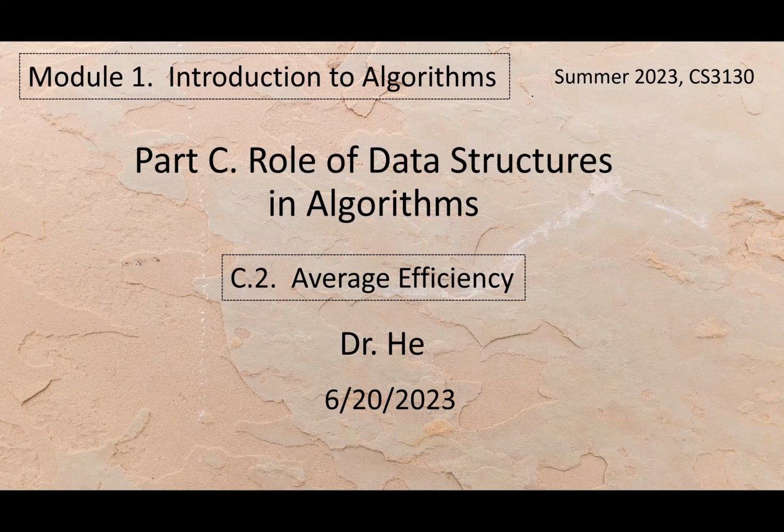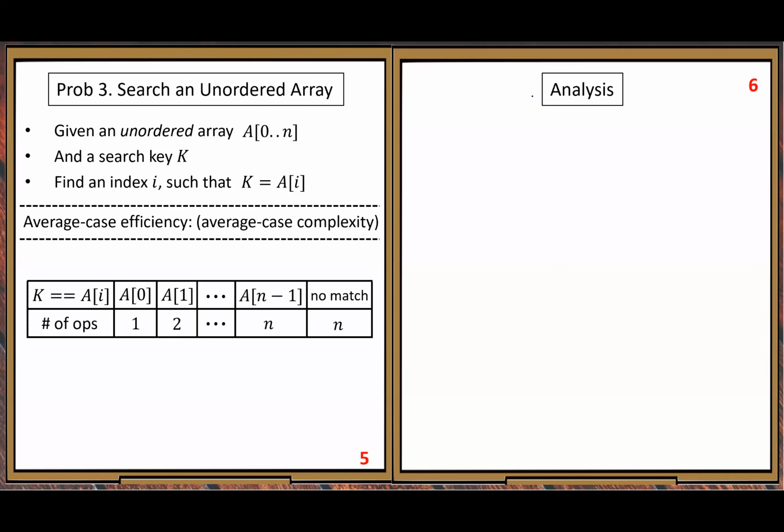Let's find the average efficiency formula. Here, we use the weighted average. This time we modify our early versions of average.